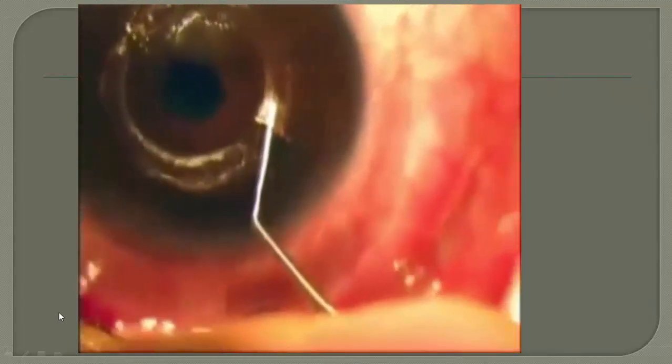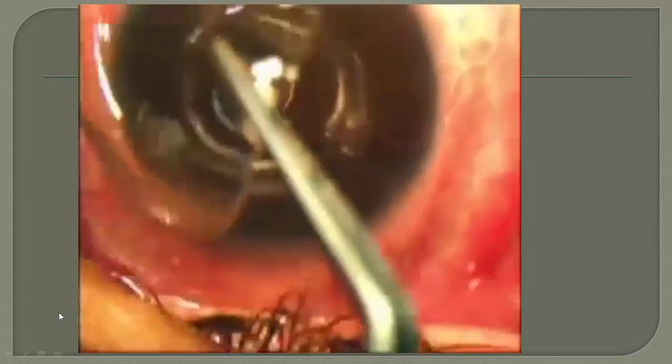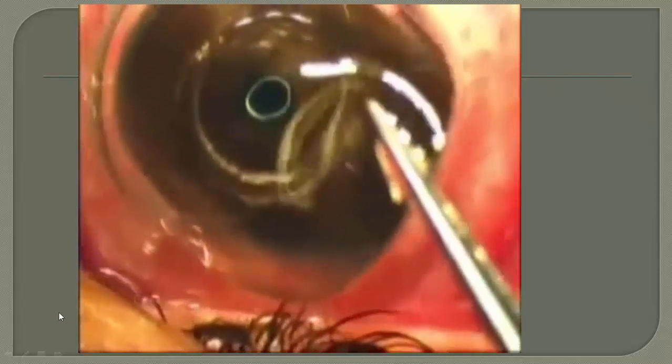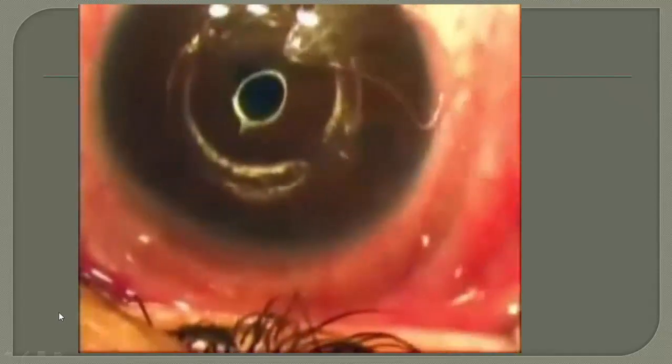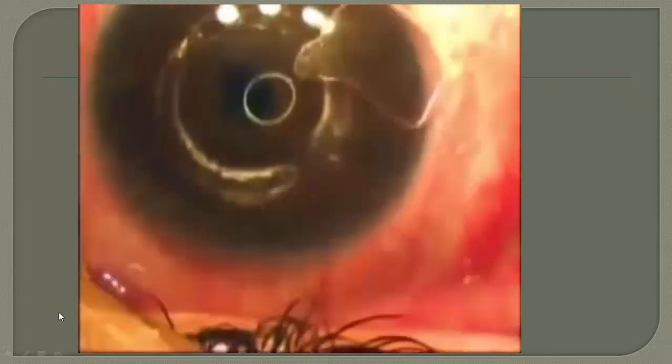We push the other ring by a pusher. Then we apply a therapeutic contact lens for 24 hours to allow healing of the incision site.